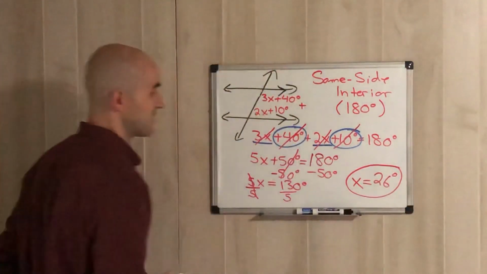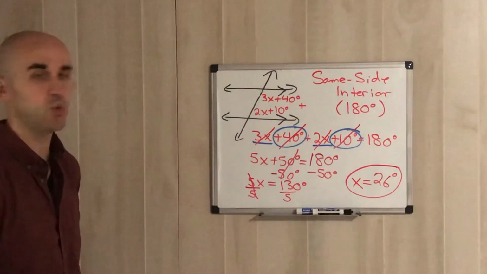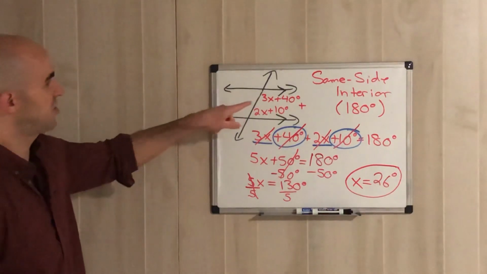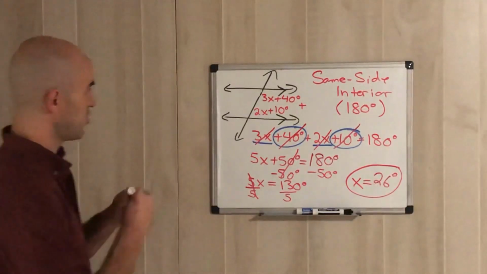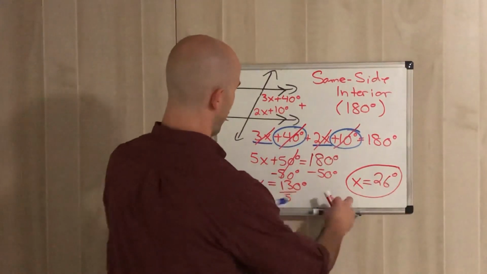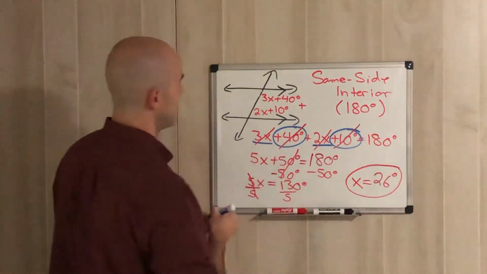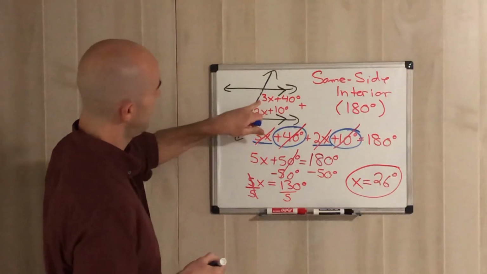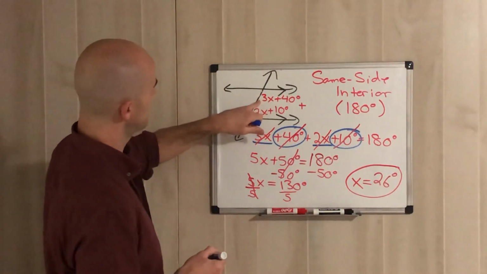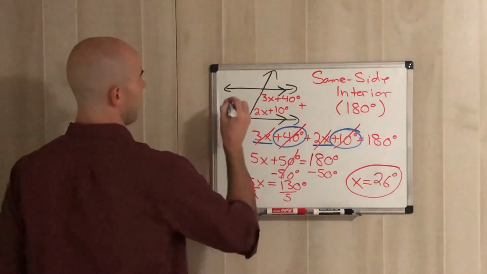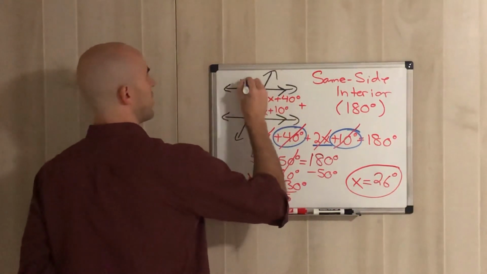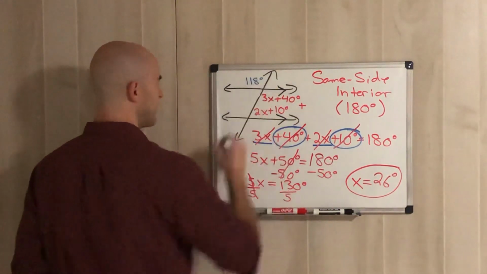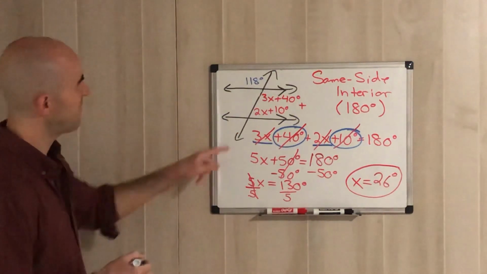And that's all it is, guys. And you can always check it too if you want to. You can always just substitute them in, because now if we wanted to substitute them, and this is all just mental math, if we wanted to do 26 times 3, that would end up giving us 78, right? So that would be 78 plus 40 would give us 118, right? Again, doing this from my head.